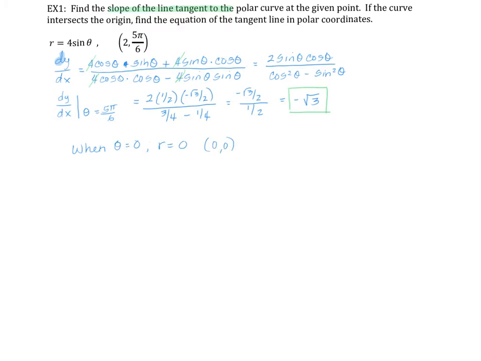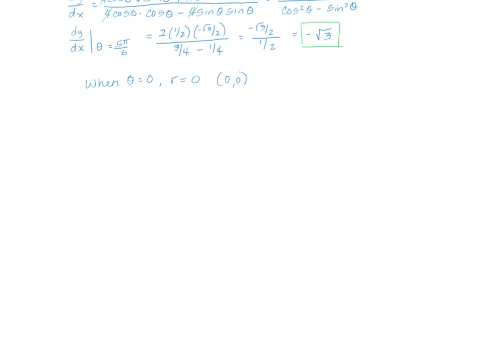But it's not just when theta is equal to 0. When theta is equal to pi, r is equal to 0. So as long as r is equal to 0, then we're passing through the pole. Notice that there's infinitely many theta values that will give us an r value of 0. So we just have to pick one. So I'm just going to pick the first theta value I got, which is theta equal to 0.